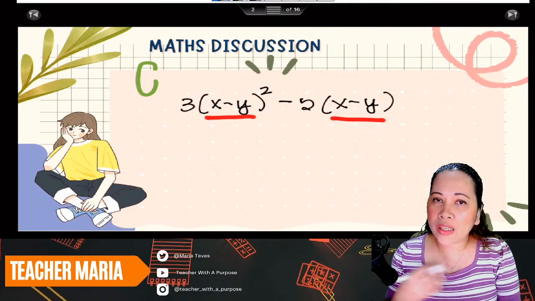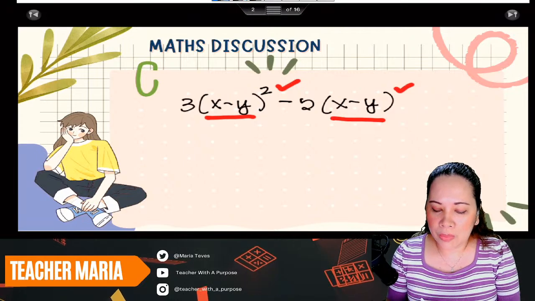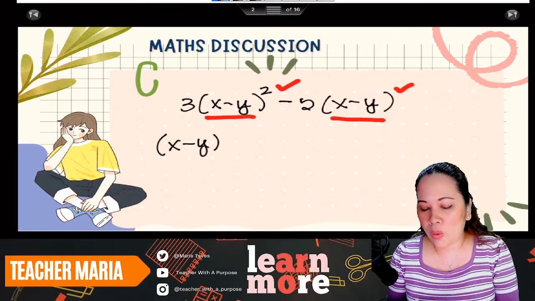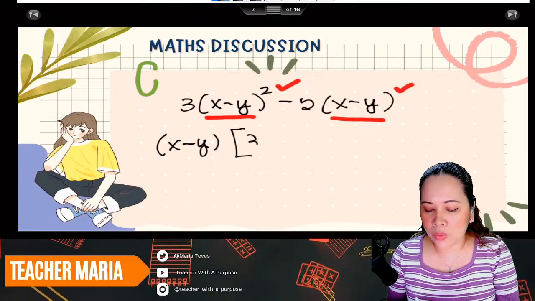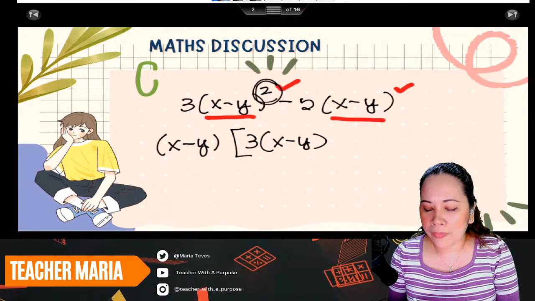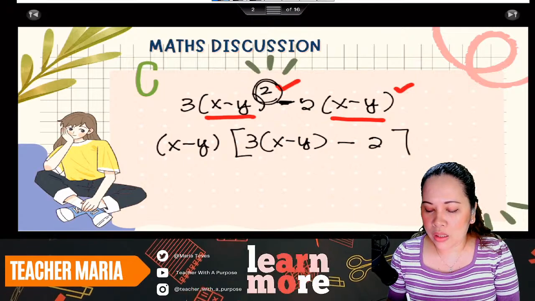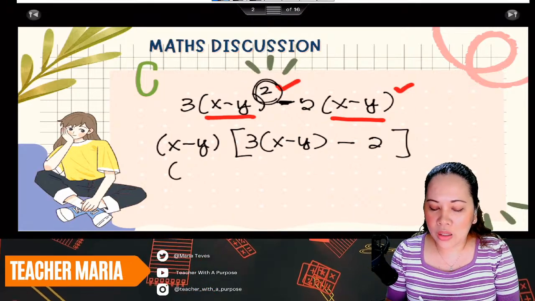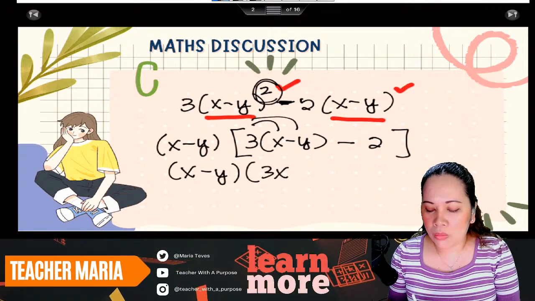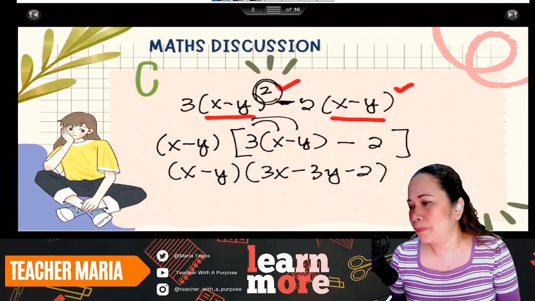So you factor out, you have a square here and a 1 here. That means that the lowest is 1, which is x minus y. And then what is left here will be 3 times 1 of your x minus y, because that's a squared. The operation that you have is minus 2, and then close. And then you factor out the 3x minus 3y minus 2. Then that's your final answer.